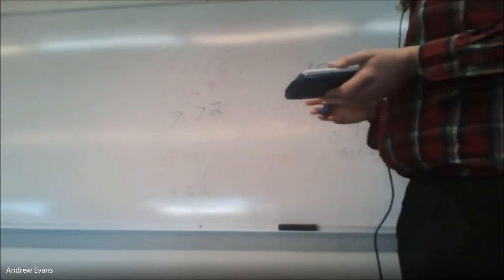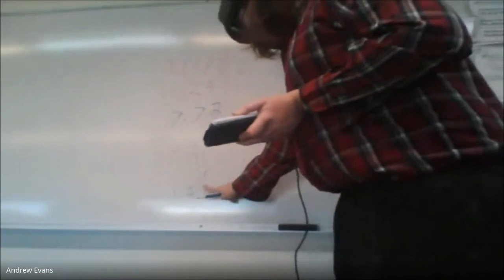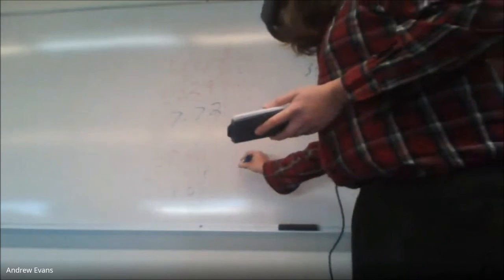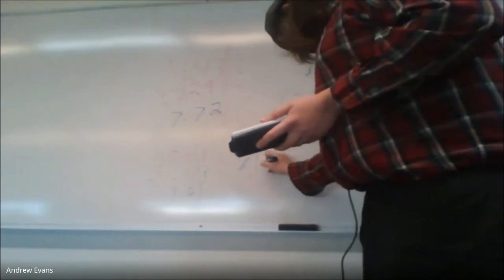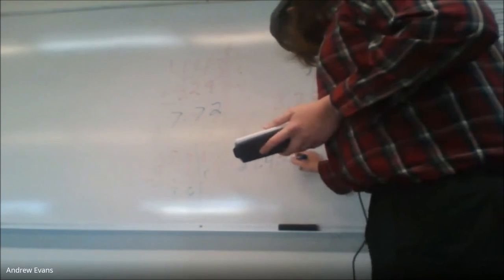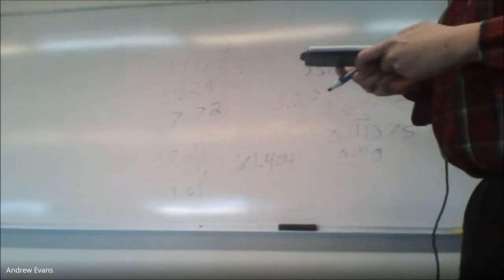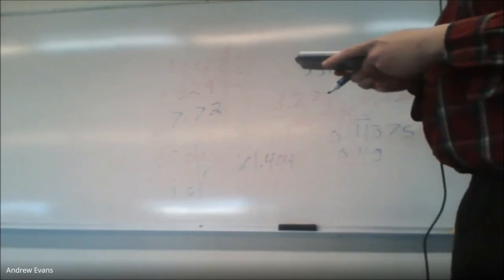Now, how you choose to do this shouldn't really matter for the most part. It doesn't change too much in the long run. You could either round it now or round it at the end. If you round it now, it might be easier because you can remember how many sig figs I'm supposed to have. So I can say, oh, that's 3.6. When I take 3.6 divided by 1.404, whatever that answer is, I have to round that to 2 sig figs.